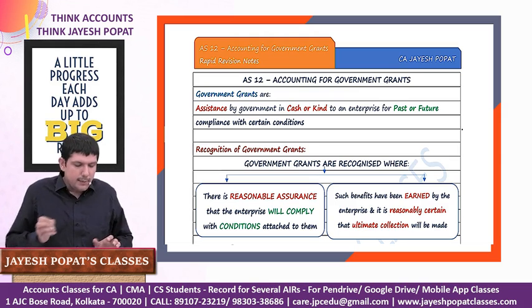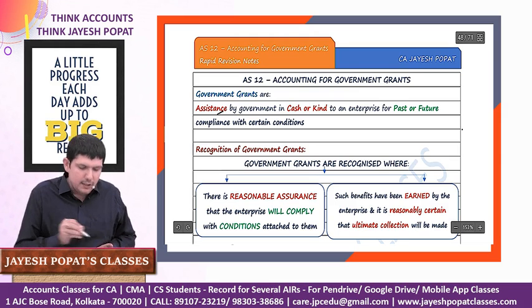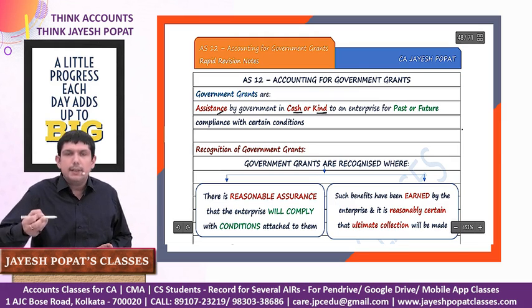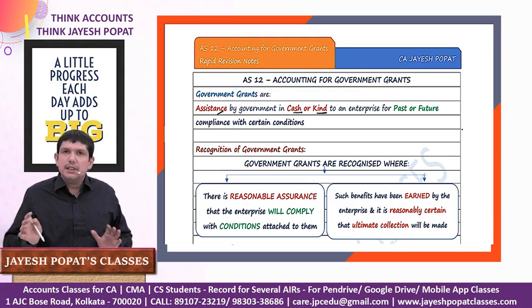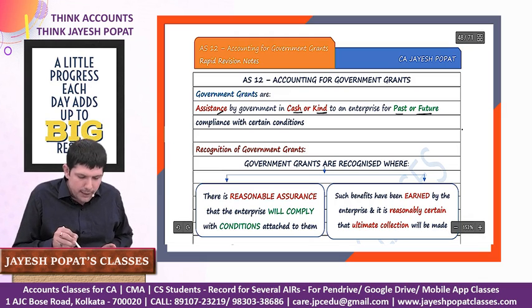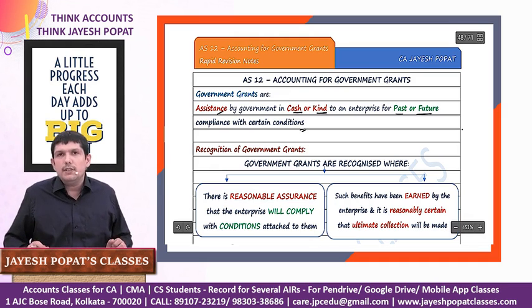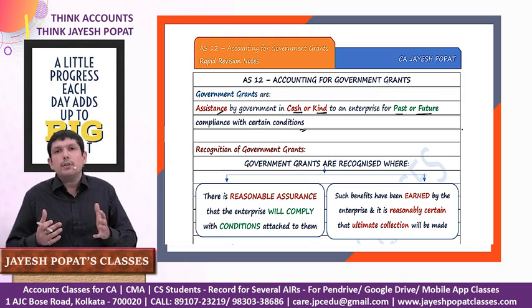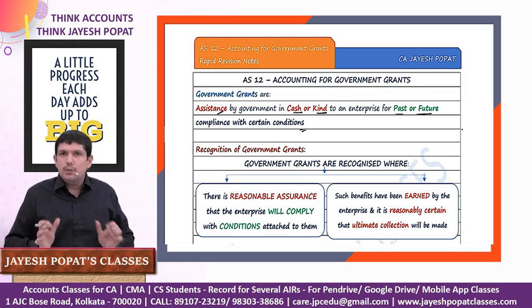So government grants have been defined as assistance by the government in cash or in kind. Maybe some land is given or maybe plant and machinery is given, whatever the case may be, to an enterprise for past or future compliance of certain conditions. How it normally works is, let's say the government wants to develop a certain backward area, create employment opportunities and utilize the land pool available there.